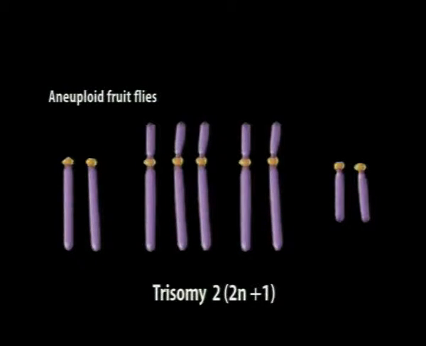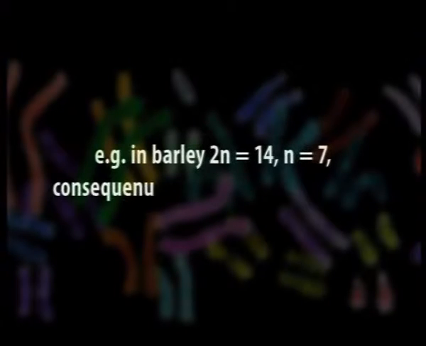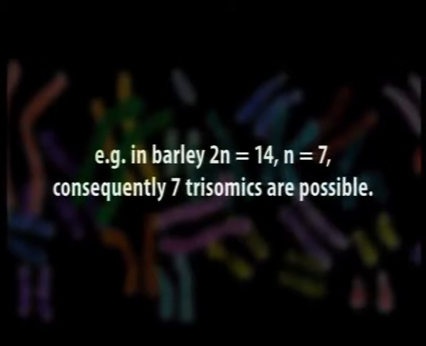Hence the possible number of trisomics in an individual is equal to the number of chromosome pairs, or half of the somatic chromosome number. The organisms carrying an extra chromosome are called trisomics. In barley, for example, 2n equal to 14, there are 7 trisomics possible.